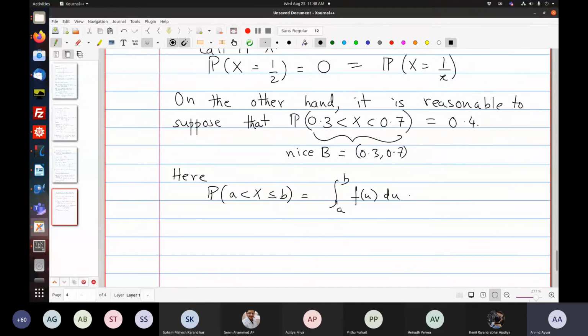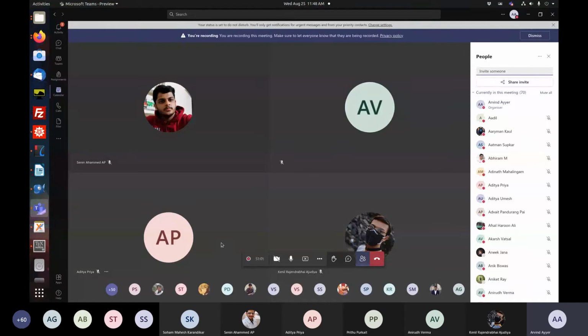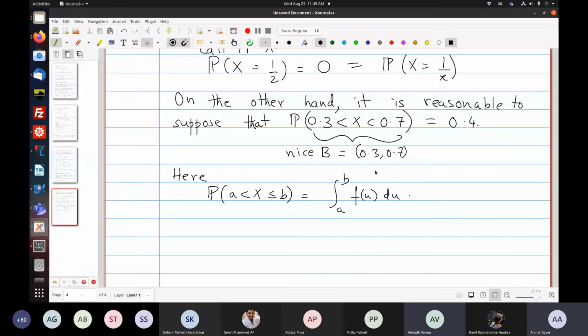This is the kind of analogy I was talking about. Were you going to ask something else, Anirudh? I thought it would be F(B) minus F(A). That is correct. This is also equal to F(B) minus F(A). That is always the case.